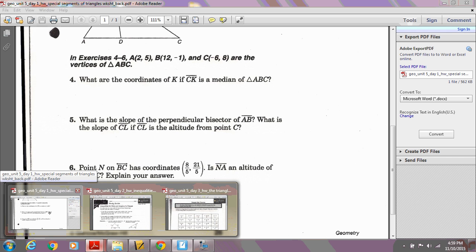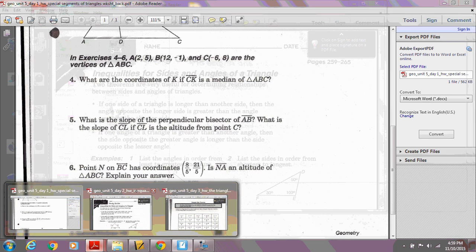The altitude has to form a right angle, and it doesn't necessarily have to be in the triangle.